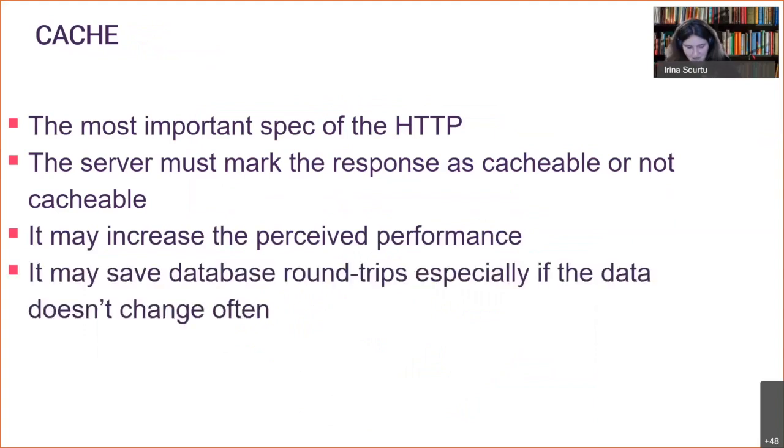And as a consequence, it might save you database round trips, especially if you have data that doesn't change very often, or you identify patterns in your app that can save you a few database round trips. It's very important because not only does it save you database round trips, it saves you network data transportation, and hence the speed-up that the client perceives.